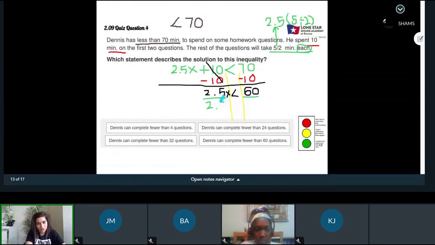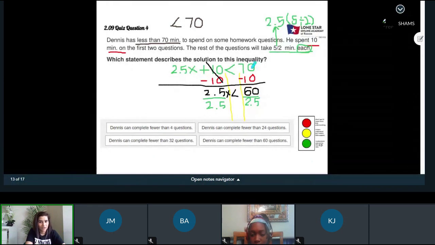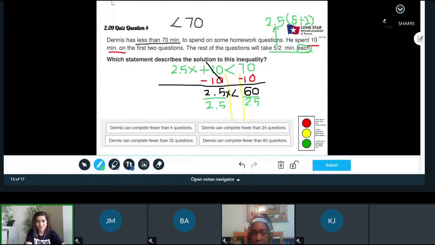And definitely there will be a lot of math technique that will go into dividing 60 by 2.5. Let us know if you have a little hard time with that, and I'm going to go over in detail how to solve this. Does anybody need help with 60 divided by 2.5? There are some mental math strategies that will also be helpful. Very good, Angelina.